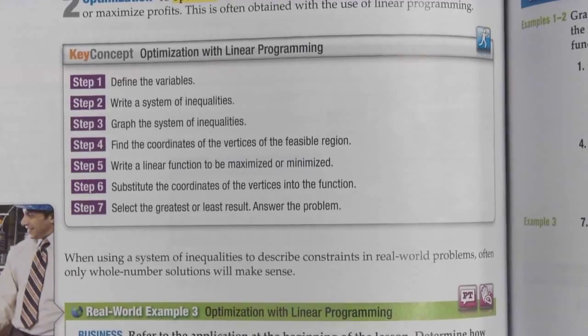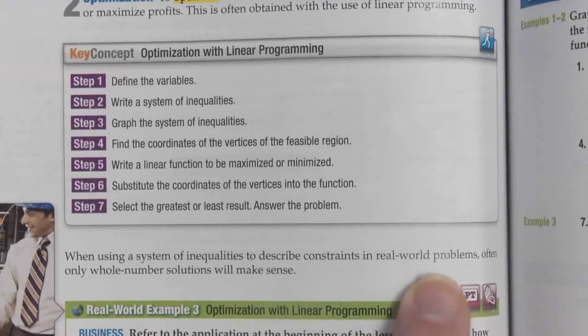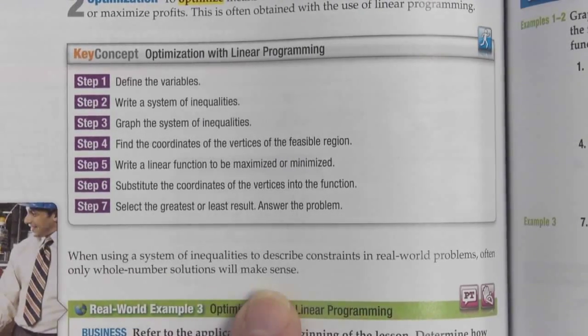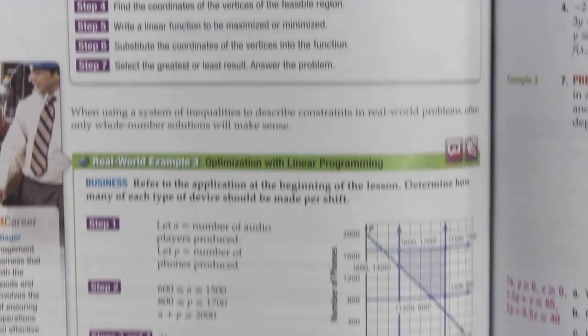Okay. All right. When using a system of inequalities to describe constraints in real-world problems, often only whole number solutions will make sense. Okay. Because, like, if you're wanting to know how many phones and how many MP3 players to make, you can't make a half a phone or a half of an MP3 player or any portion thereof. So we have to talk about whole numbers.